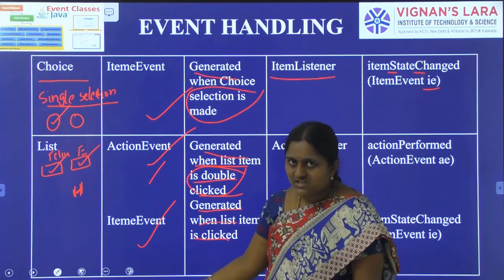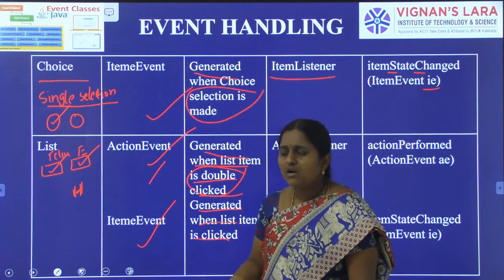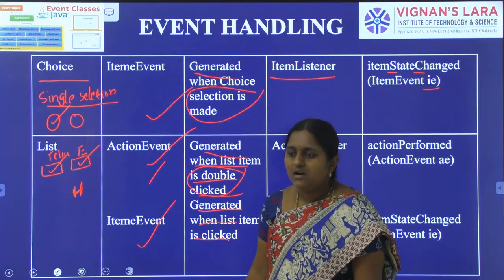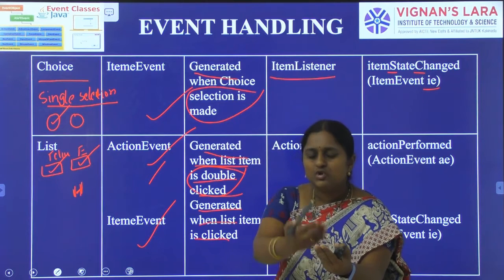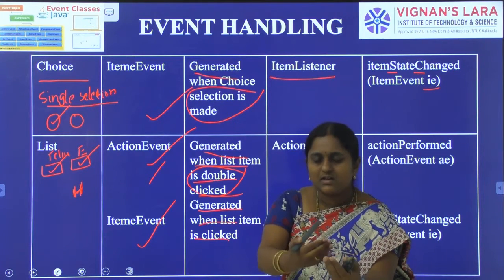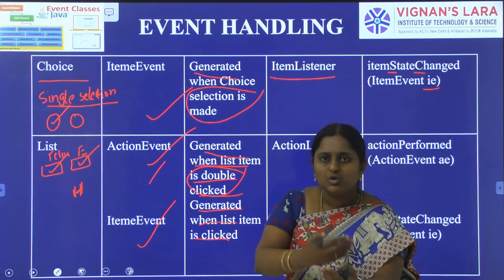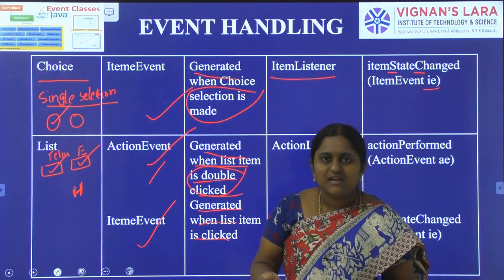List means multiple selections. Sometimes it will ask, do you know which programming languages, Telugu, English, Hindi. Suppose you go to an interview and they give you a form to fill in. Do you know which programming languages related to your branch? Suppose it is CSE. Which programming languages in current trend technologies, C language, Java?